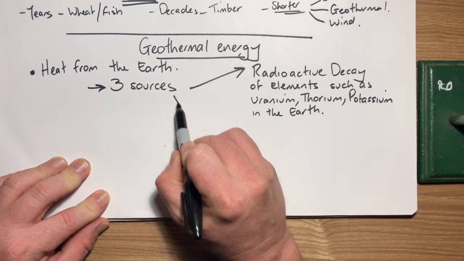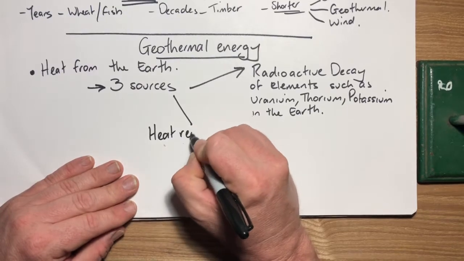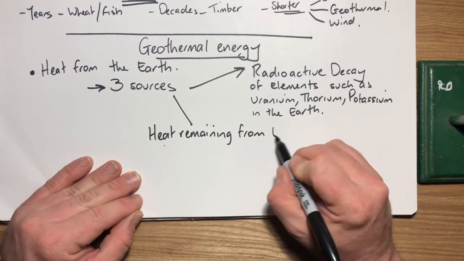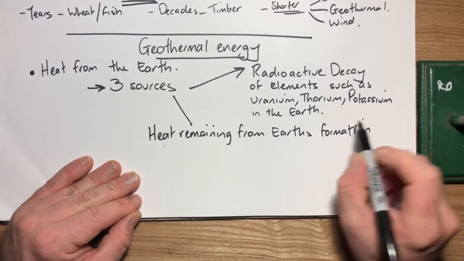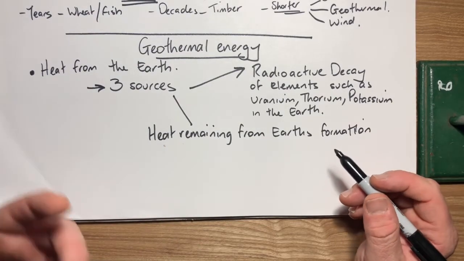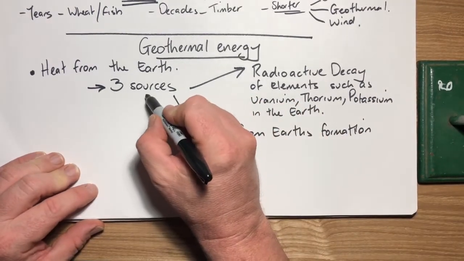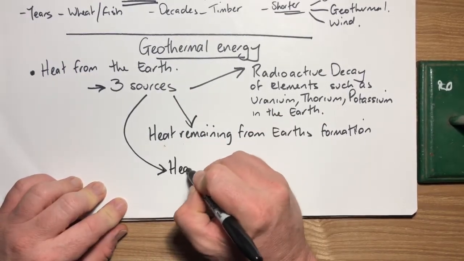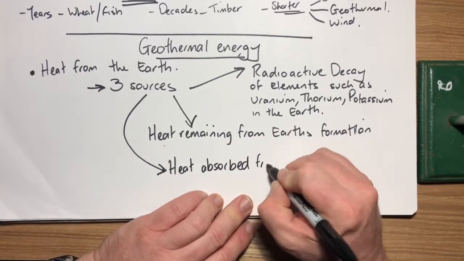The other source, it's a bit of an unusual one, is heat remaining from the Earth's formation. So when the Earth was first formed, a great deal of heat was generated, and that does not dissipate instantly. It takes a very long time to leave. And finally, it's not really going to be helpful to us that much, but it is heat absorbed from the sun.